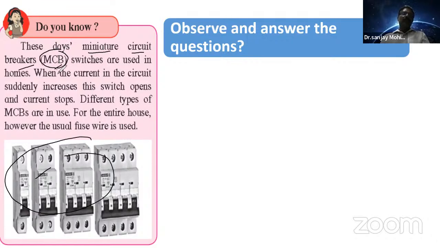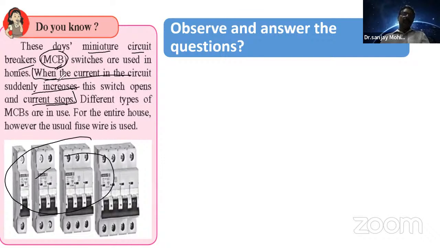And what is the function of an MCB, or what is the principle of an MCB? When the current in the circuit suddenly increases, the switch opens and the current stops. Many times students are not able to recall the principle in the given paragraph or statement.